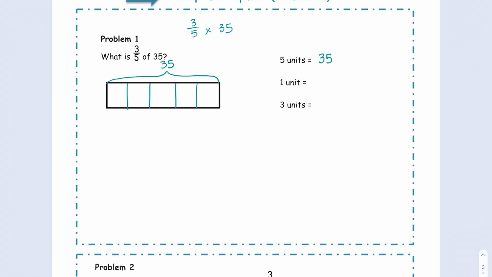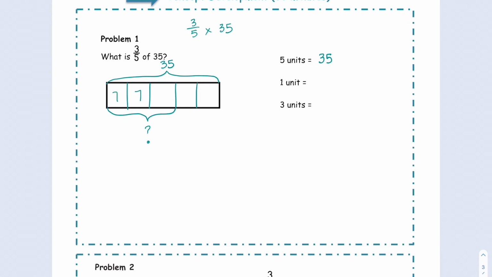And since this is not a word problem, we don't know 35 what. So now the next thing I have to figure out, what's my question asking? My question is asking, what would 3/5 be? To figure out 3/5, I have to figure out 1/5. So 1/5 of 35, so I've got to figure out what's in one box. So to do that, I'll do 35 divided by 5.